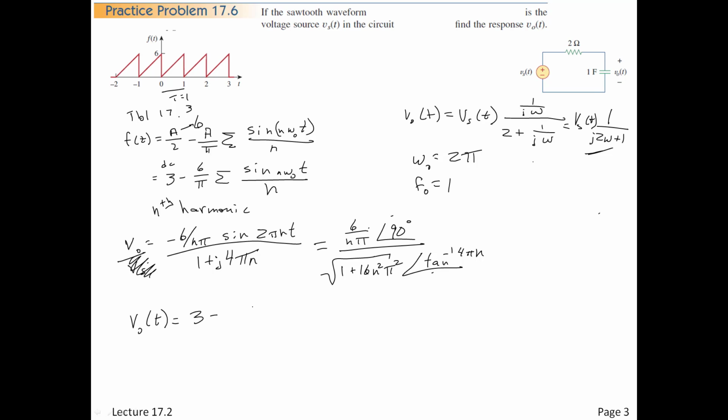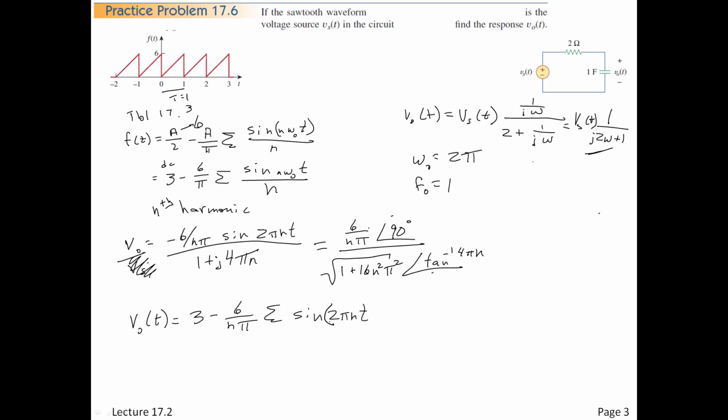And we can say our minus 6 over n pi, right, times the sum of, whoa, I always add that extra little thing on the bottom. I don't know why. This over, so we've got then the sine of 2 pi n t.